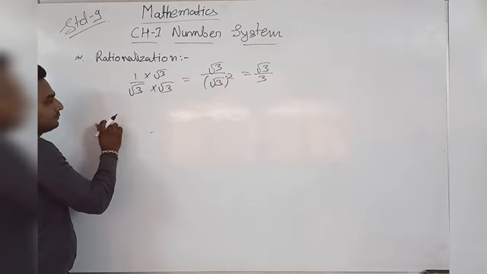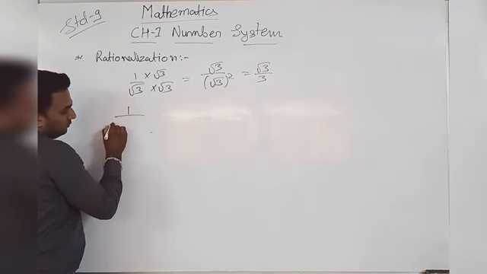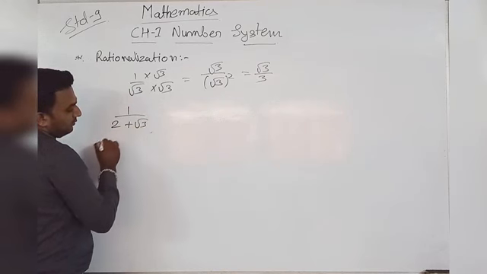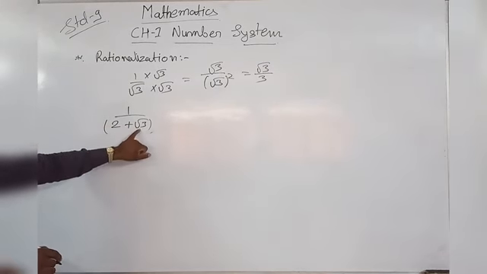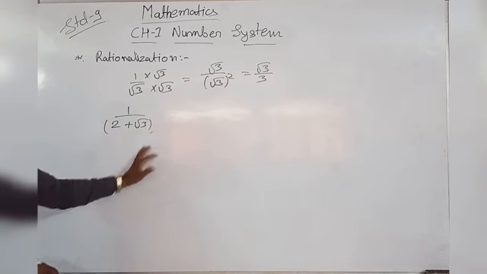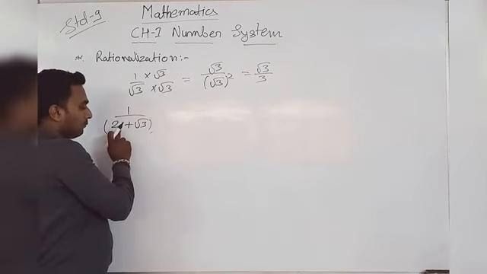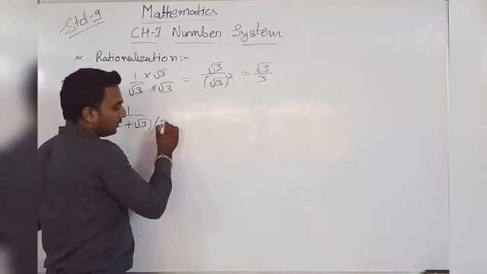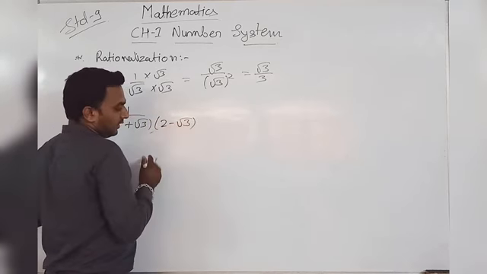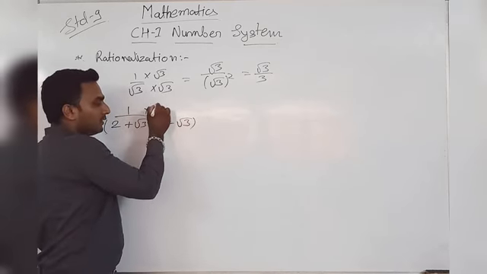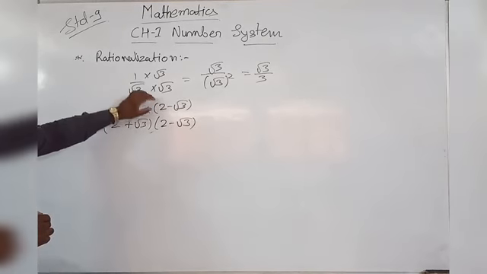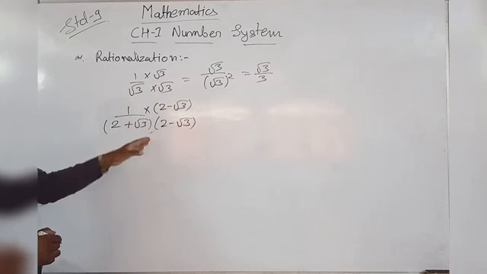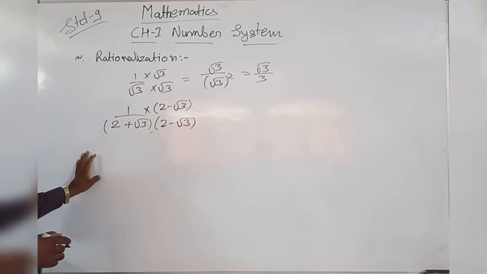Now next, 1 upon 2 plus root 3 is given. Then what can you do? Again I have to remove the root from the denominator. So I will multiply 2 plus root 3 by 2 minus root 3. Then I have to multiply in the numerator as well, because if we cut this one, we again get our main question.